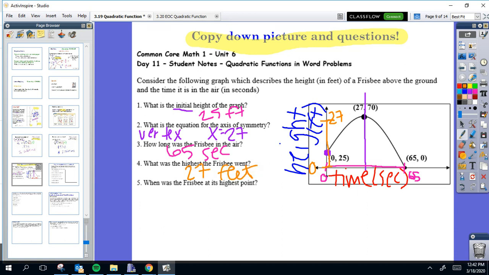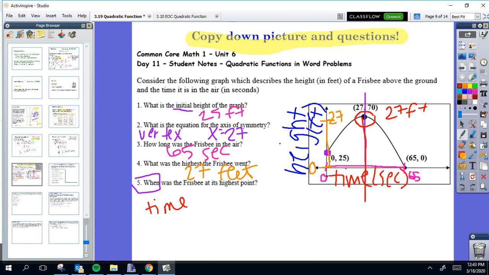And then lastly, when was the frisbee at its highest point? This is the verbiage right here, that word, when. So if I'm talking about my maximum, my vertex happens right here. Well, we already said it's at 27 feet, but when is asking for the time. So let's take a look at that ordered pair. Whoops, just kidding.